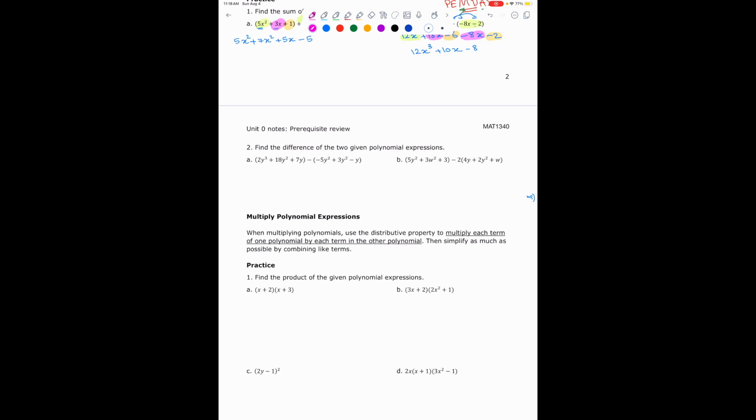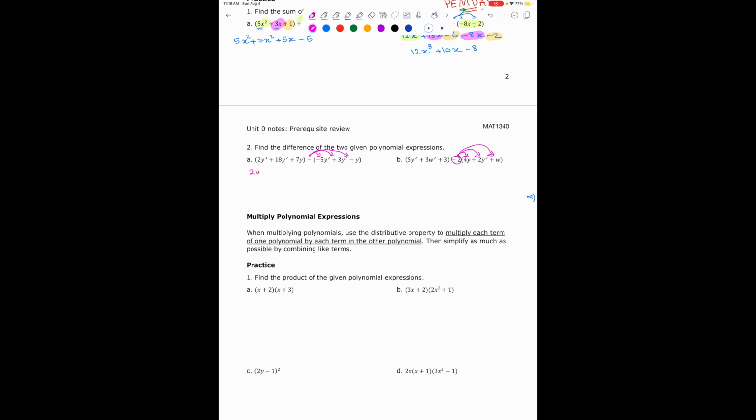So the first step is to distribute the negative inside. The negative basically changes the sign of the expression. In the other expression here, we actually have negative 2, so we have to distribute the negative 2 inside. We do multiplication first, PEMDAS. So let's begin with the first expression.